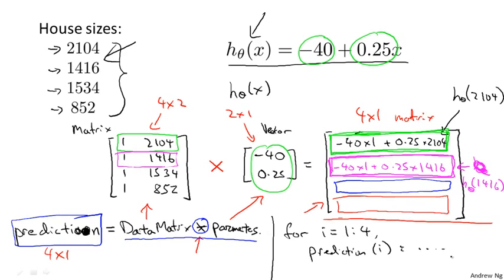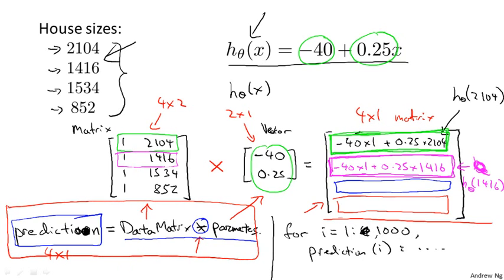And it turns out that when you have a large number of houses, if you were trying to predict the prices of not just 4, but maybe 1,000 houses, then when you implement this in a computer, in any of various languages, this is not true only for Octave, but for C++, Java, Python, other languages as well, it turns out that by writing code in this style on the left, it allows you to not only simplify the code, because now you're just writing one line of code rather than a for loop with a bunch of things inside, but for subtle reasons that we'll see later, it turns out to be much more computationally efficient to make predictions on all of the prices of all of your houses doing it the way on the left than the way on the right, than if you were to write your own for loop.